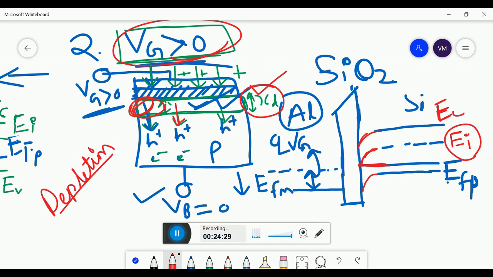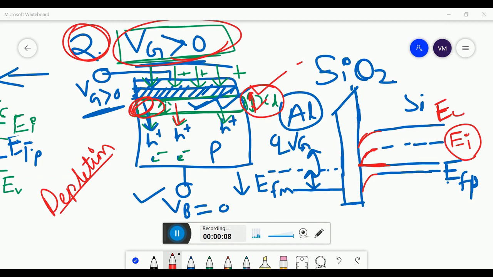We will mathematically derive the size of this XD. First we go to the third condition, then we will come back to the second condition and derive the XD. This derivation of XD will be helpful in deriving the threshold voltage of the entire MOS transistor.